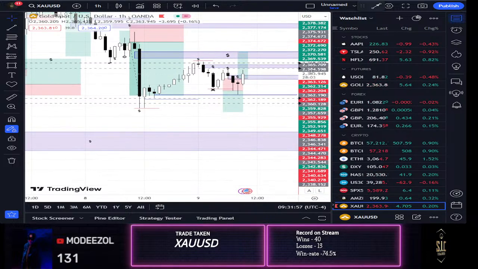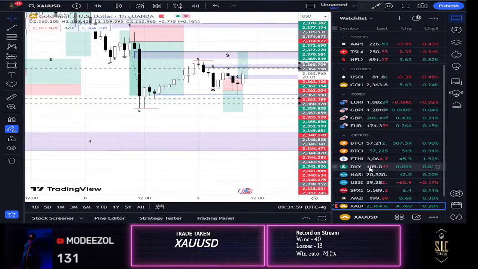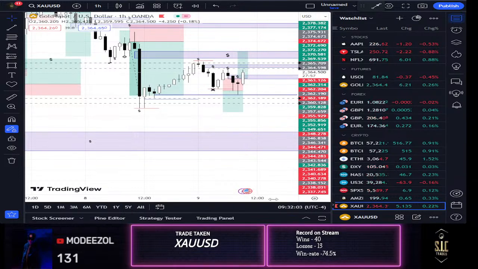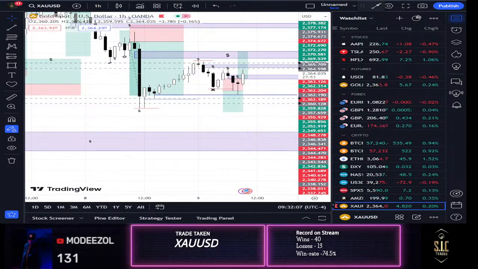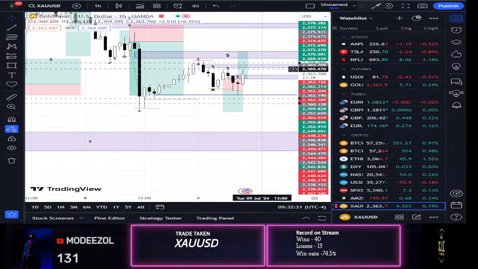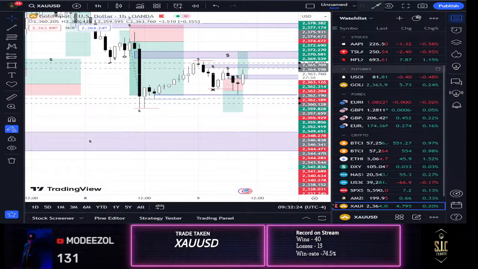You just got to know that the DXY price is falling, so gold is going to rise. That's easy money right there. I wouldn't necessarily be trying to take a buy unless you already took the buy. I wouldn't be trying to take it now. I mean, she's 17 pips. If you can handle the 17 pips, then you're good.